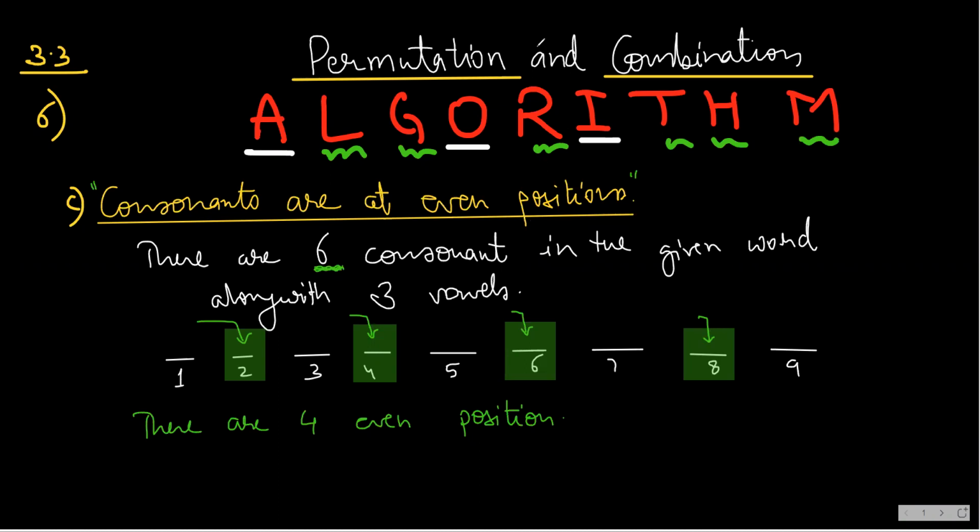Please understand, students, they haven't said that consonants are at even position only. They are saying that consonants are at even position. That is, vowels are not at even position. They haven't said it that way.